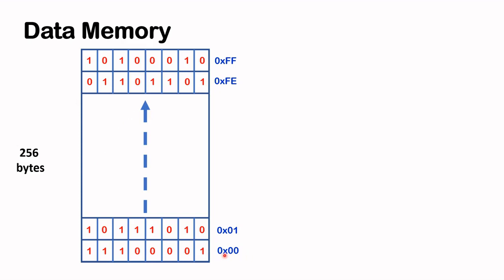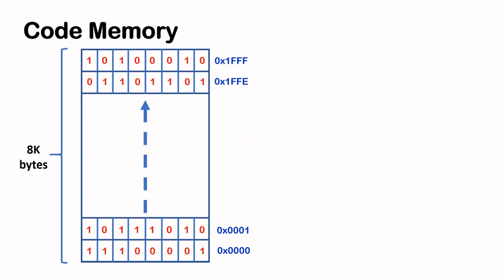Here it starts off with 00 hex, that's 8 bits or 1 byte, and then it moves up to 01 hex and stretches all the way up to FE hex and FF hex. That's the maximum address we have for 256 bytes of memory.